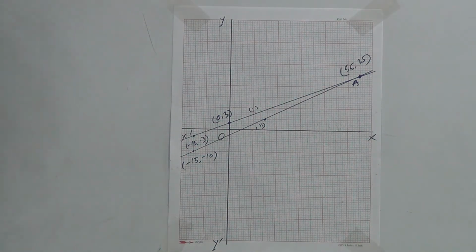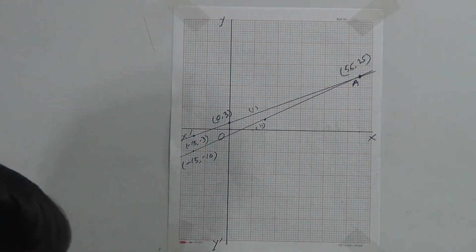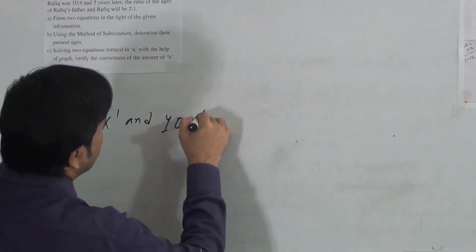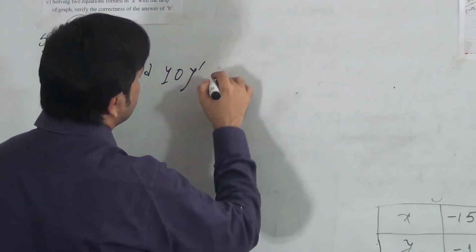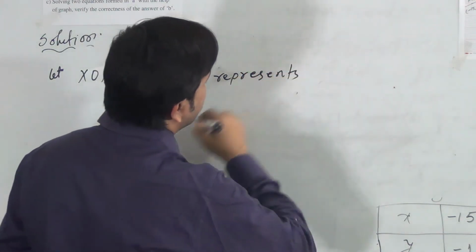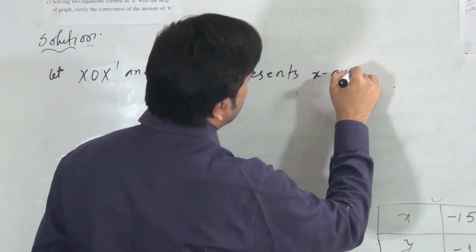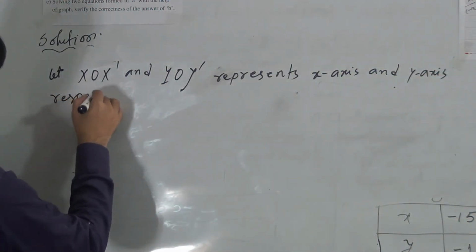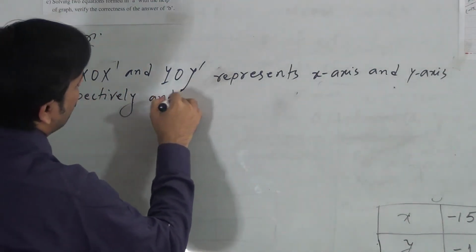Let x o x dash and y o y dash represent the x-axis and y-axis respectively, and O be the origin.